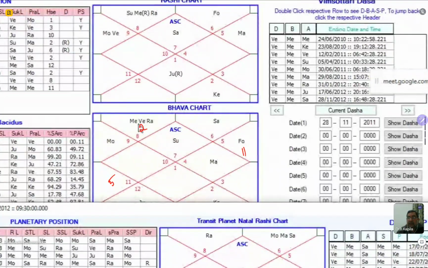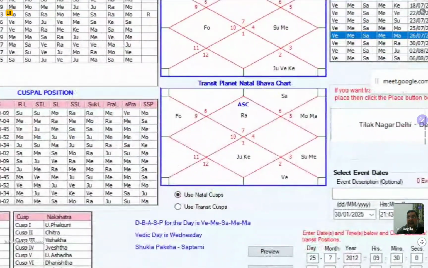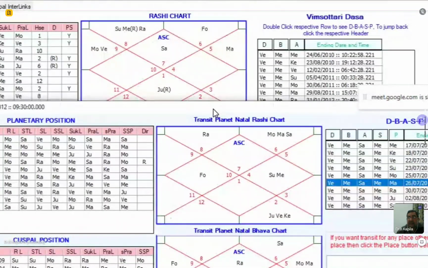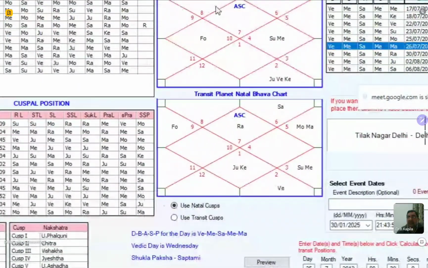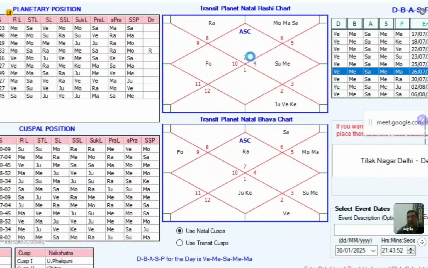So we have two planets, Mercury and Venus. Mercury is lord of 3 and 6, and Venus is lord of 2 and 7. Sign 2 has gone, 3 has gone, Moon is in sign number 6. Now, here Moon is in conjunction with which planet?